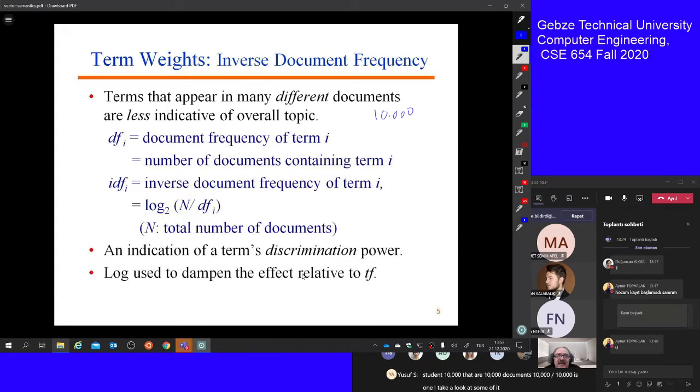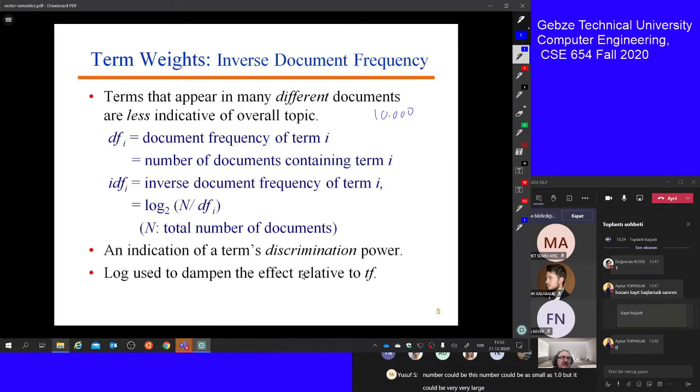So that means that the smaller the number, the smaller the discrimination power of that term. If DFI is large, it could be as large as N, right? So this number could be as small as 1.0, but it could be very, very large.